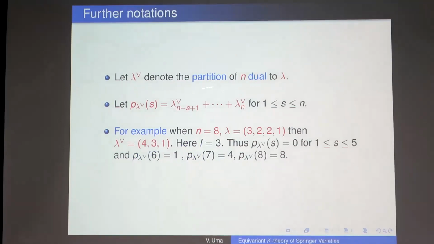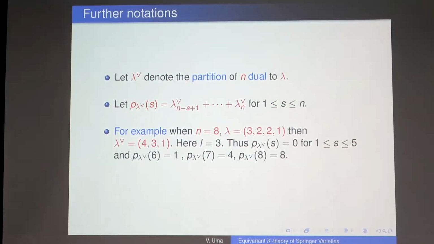Before stating the theorem, we need to fix some combinatorial notation. We are also interested in the dual partition. Lambda is a partition, so we can consider the dual partition, the dual Young diagram for lambda, but this definition is true for any partition. We will define these numbers p_lambda check of s, which also appear in Tanisaki's paper, where s varies from 1 to n.